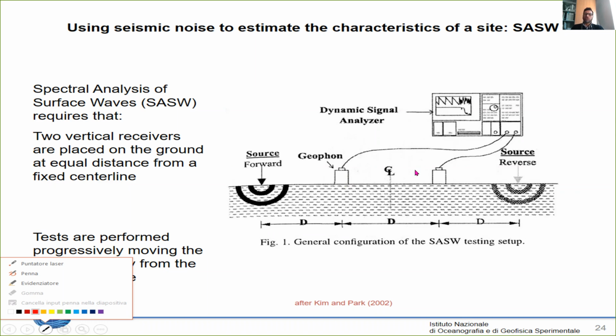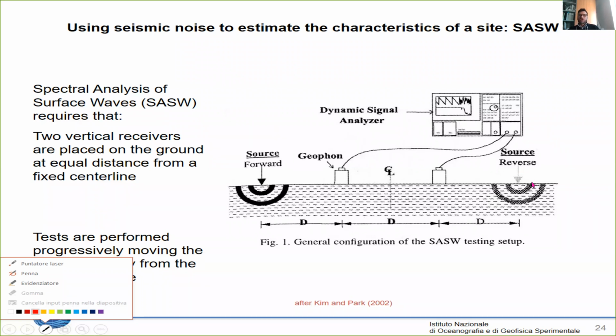So two geophones were placed at a certain distance with respect to what we could call a center point. The waves generated by this source were recorded by these geophones, and very often they were not even recorded, but automatically analyzed by the instrument to which the geophones were connected.